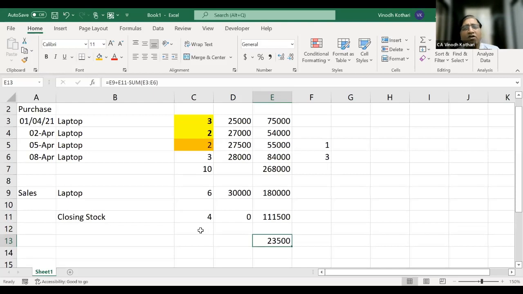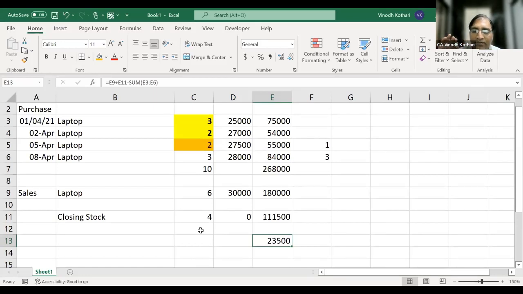Sir will ask you, how many pencils do you have? Sir, I have 200 pencils. So what is the value of the 200 pencils? Sometimes by mistake we put the sale price and find out the closing stock. What will happen? It will impact the profit, which will show you the wrong value.